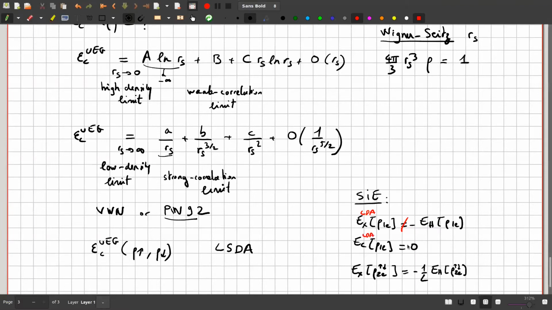If you put here the LDA, it won't be 0. If you put here the LDA, it won't be -1/2 EH. And that's why, of course, the Hartree functional is a non-local functional depending on rho of R1 and rho of R2. And in the construction of the LDA, you see it's a local functional.